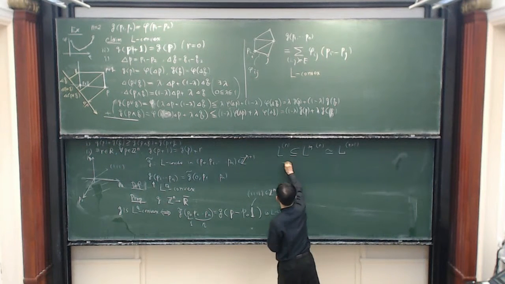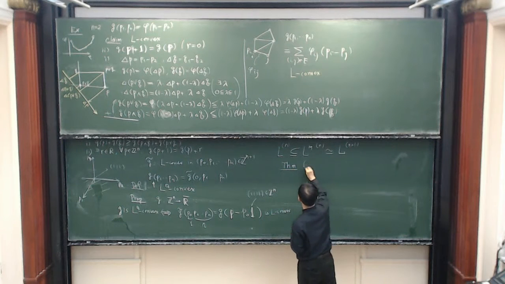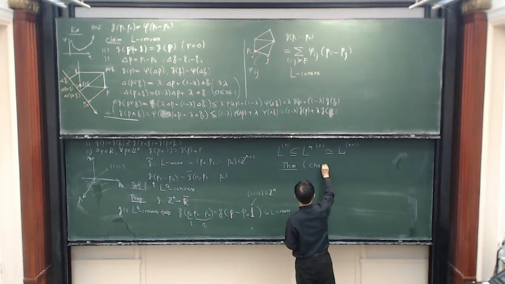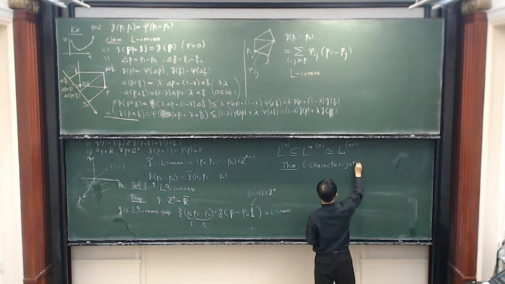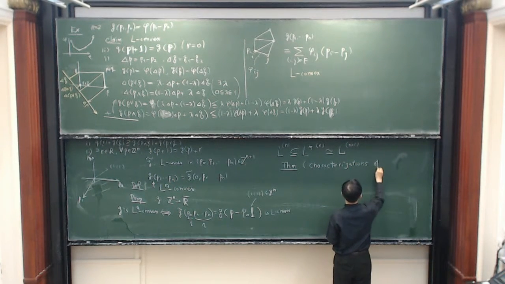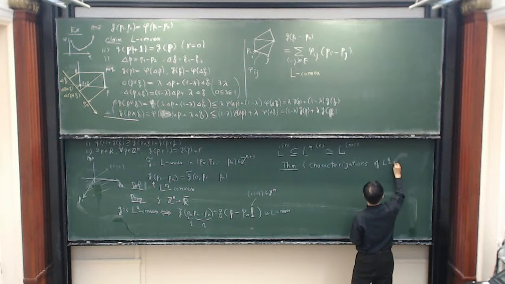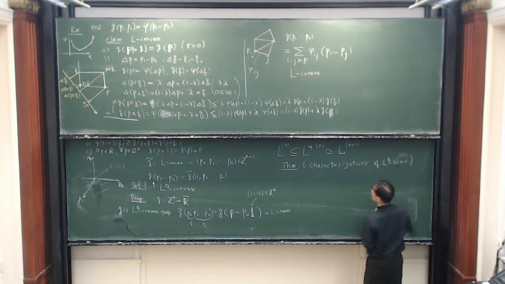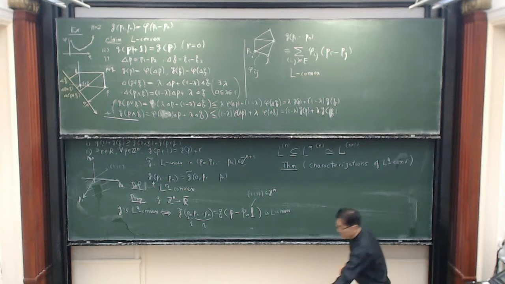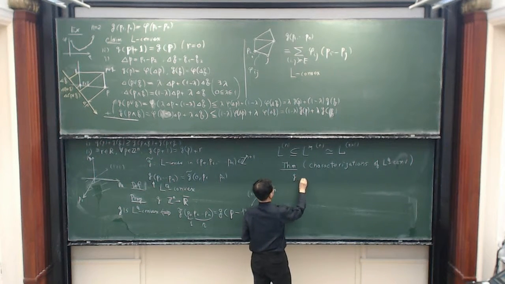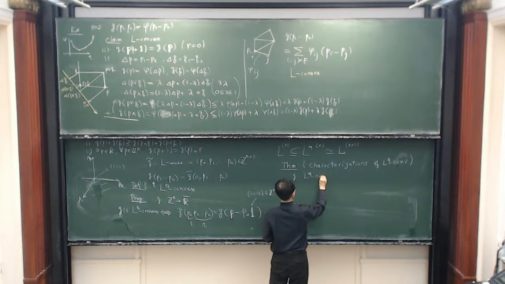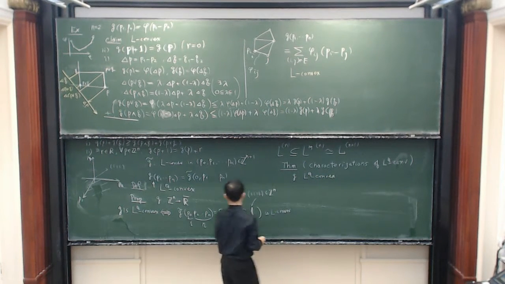And I'm going to enumerate the characterizations of L natural convexity. So the first one is this. So g is L natural convex, and this is the same as this.